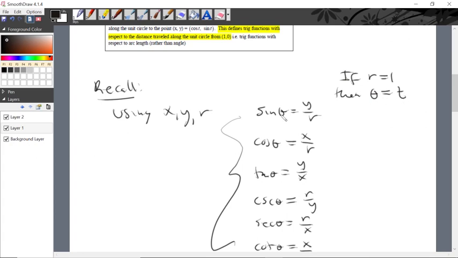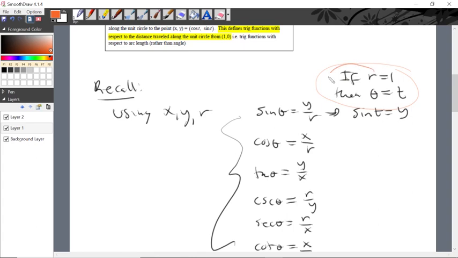So we can replace theta with t if we replace r with 1. If we replace r with 1, then we replace theta with t, then this definition becomes the sine of t is equal to y, because r would be equal to 1 at the instant we replace theta with t. They both are getting replaced simultaneously.